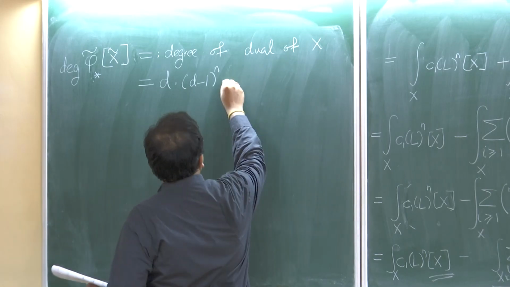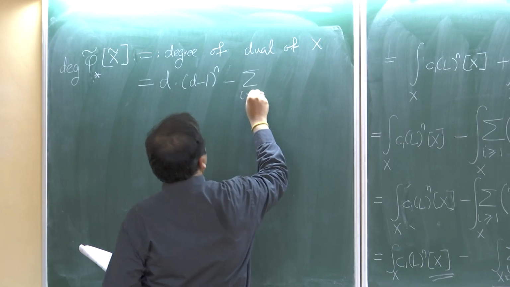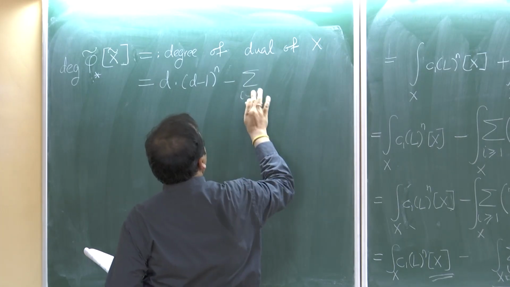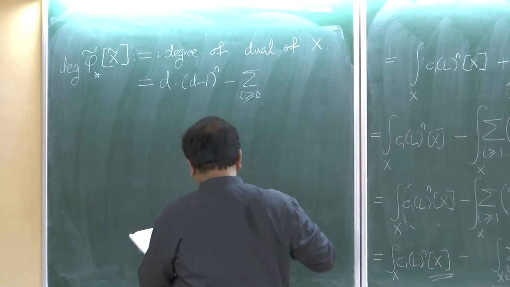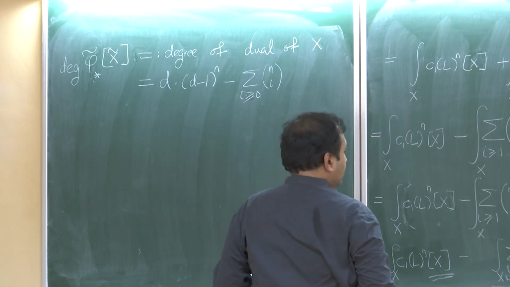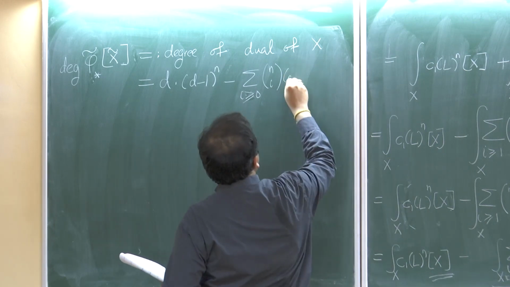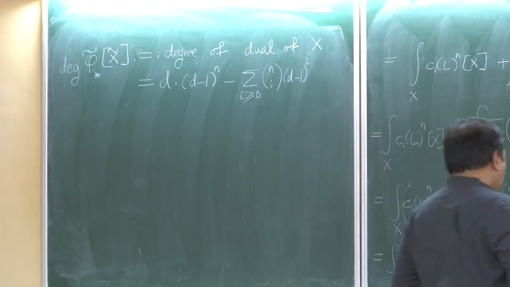And then minus summation, where i is supposed to go from 0, though i greater than or equal to 0, though we are not getting that here. So n choose i, and c1 of L is again d minus 1 to the power i. What we need here is not the entire Segre class.